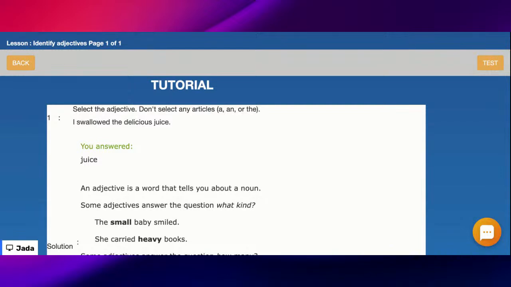So we also have select the adjective. Don't select any articles, a, an, or the. We all know that a, an, or the are articles. They're not adjectives.